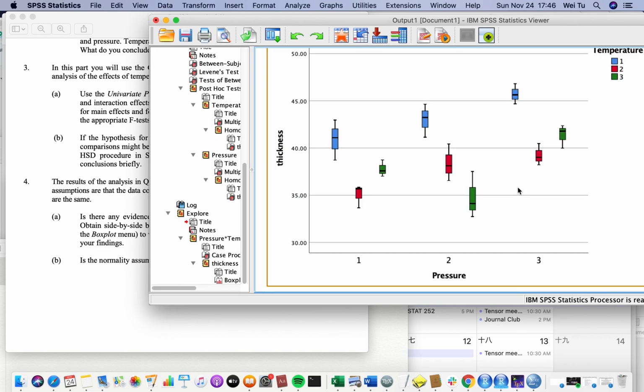okay. So based on this, again, it's pointless in this case because think about it. For every combination, how many points do you have? You have 3 points. When you have 3 points and you have a box plot, it's just very pointless, I would say. When you have such a small sample, it's very pointless to talk about these kinds of assumptions.